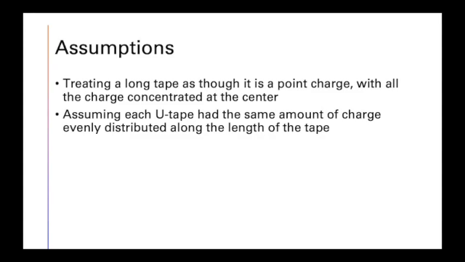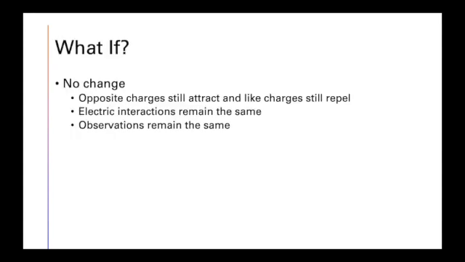I also had to assume that each tape had the same amount of charge, evenly distributed along the length of the tape. I did not take into account air resistance, because at the point when I measured the tape, it was floating and not moving. Therefore, air resistance would have no effect on the object.